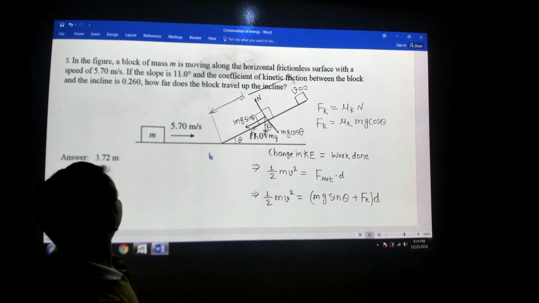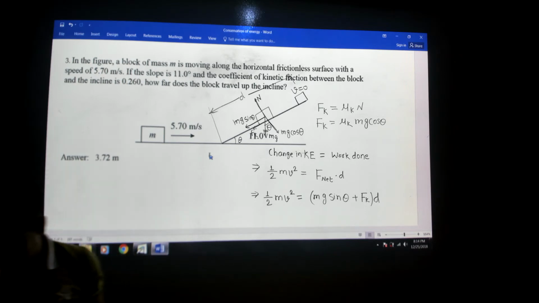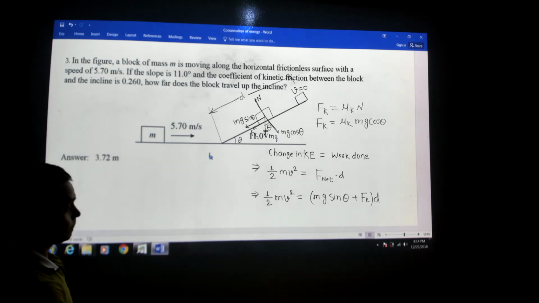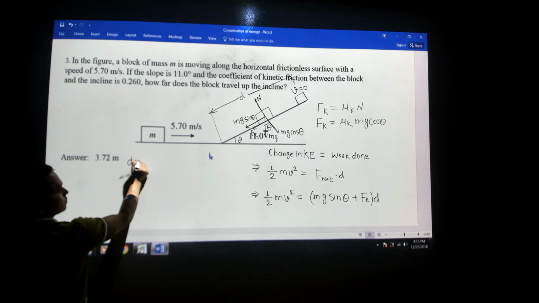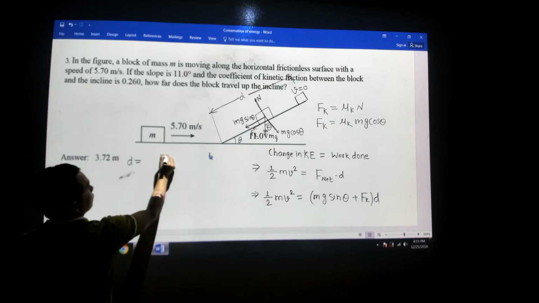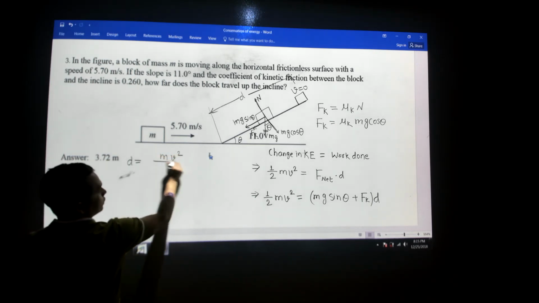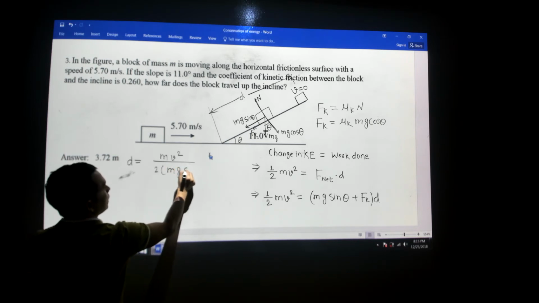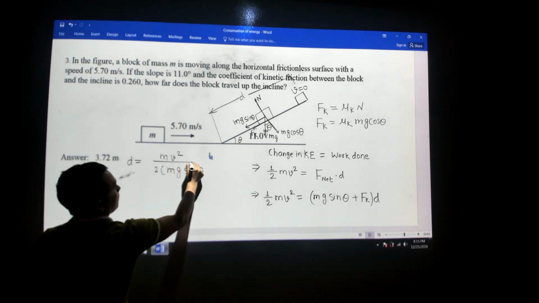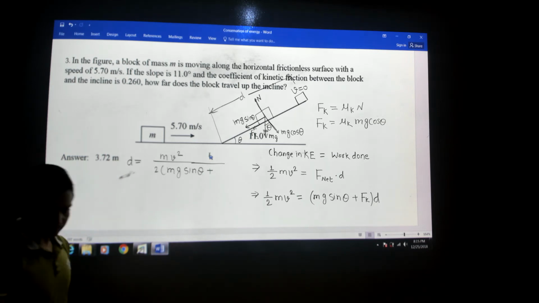What do we need to calculate? Yes, we need to find d. Then d is simply equal to mv squared over 2 times mg sine theta plus Fk.